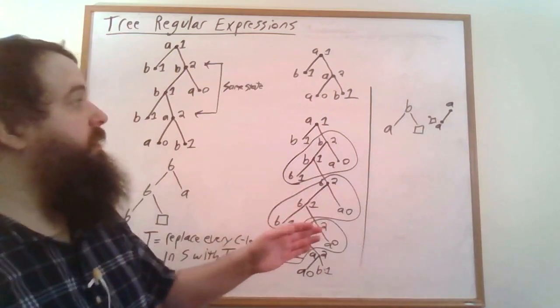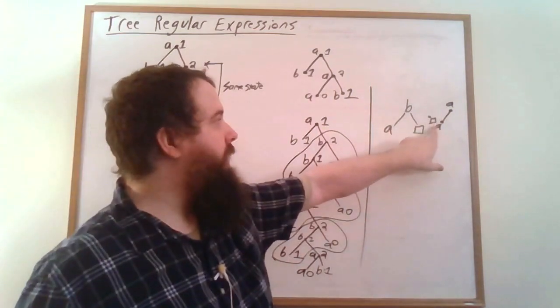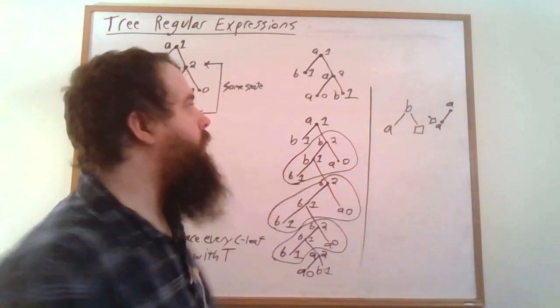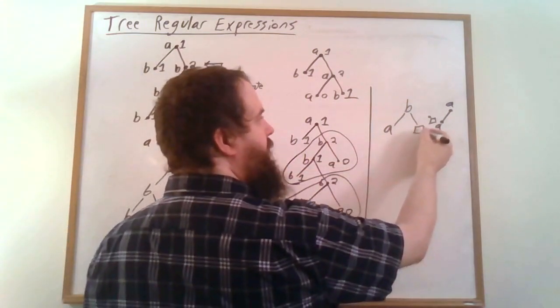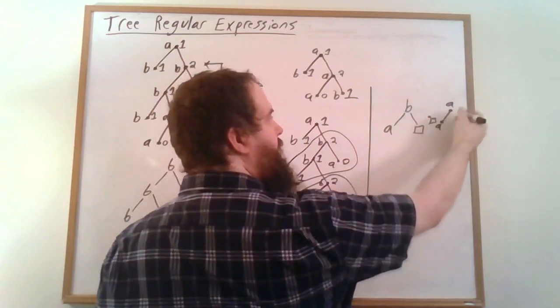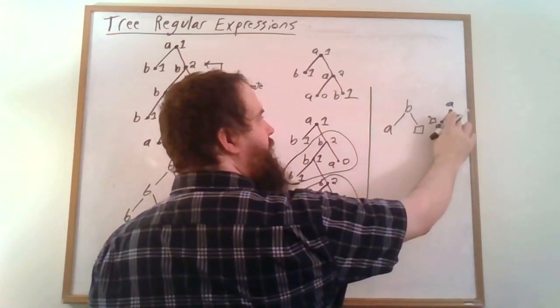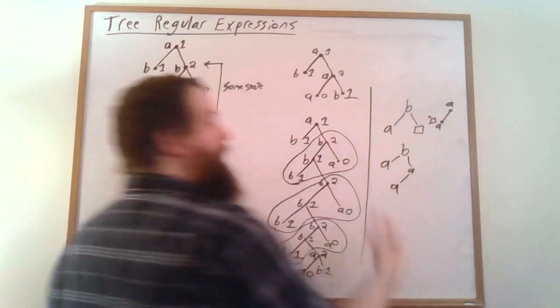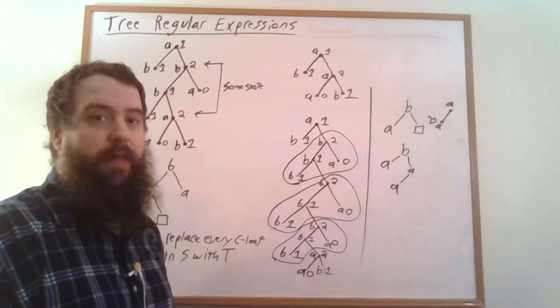So for instance, if we take the box concatenation of this tree here with this tree here, we're just going to take this node here and replace it with these nodes here. I'm going to move this node so that it goes here. And the resulting tree is going to wind up looking like that.